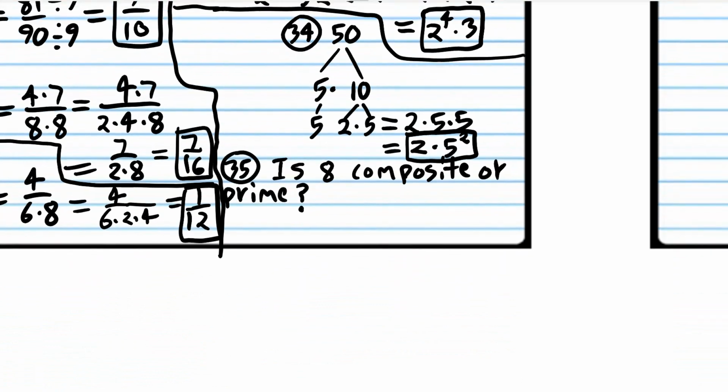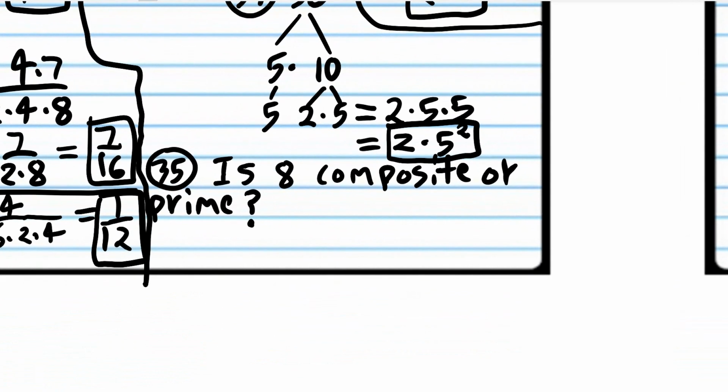So now for number 35, answer me this question. Is 8 composite or is it prime? You're going to have to know, again, the difference between composite and prime, not because it's absolutely necessary to reduce fractions, but just because you might be asked this question in advanced math courses or courses beyond this math course, or you might be asked problems on a test tomorrow.